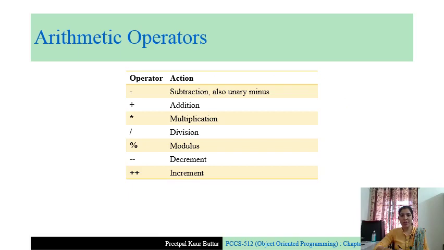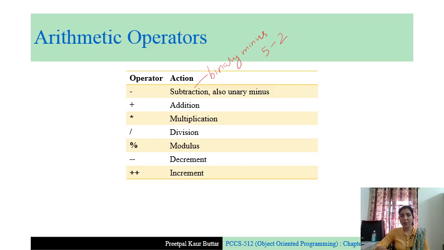This table shows us all the arithmetic operators which we can use in C++. First one is minus. Minus can be a binary operator operating on two values. For example, 5 minus 2.